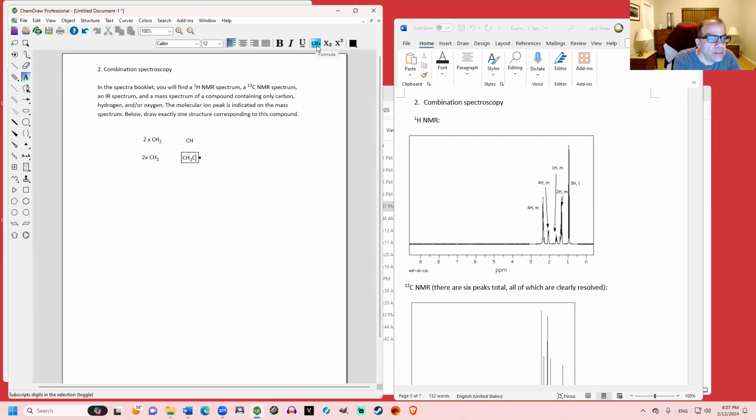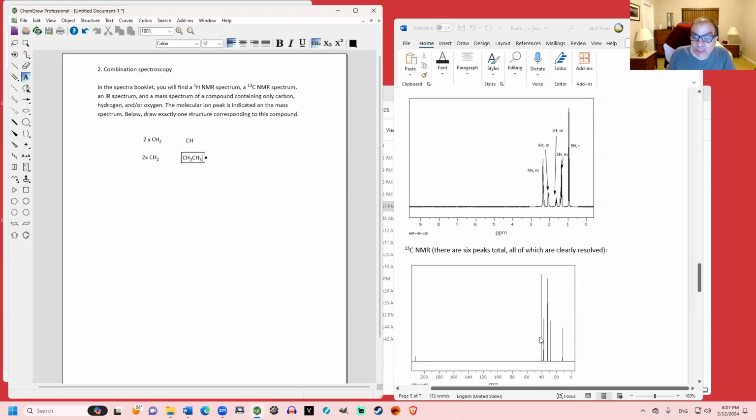And CH2, CH3. I know that this CH2 is attached to the CH3 because the CH3 is a triplet. That means it is 2 adjacent hydrogens. So fine, we have some pieces.